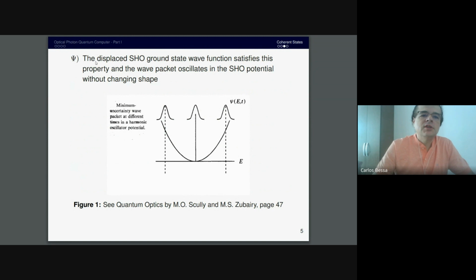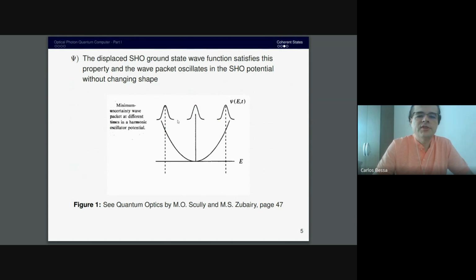So the displaced simple harmonic oscillator ground state is what we will do today using the coherent states. We will see that it's a consequence of the things that we define today: the displaced ground state of the simple harmonic oscillator. The wave function associated with this ground state satisfies the properties of a wave packet that oscillates in the simple harmonic oscillator potential without changing shape.